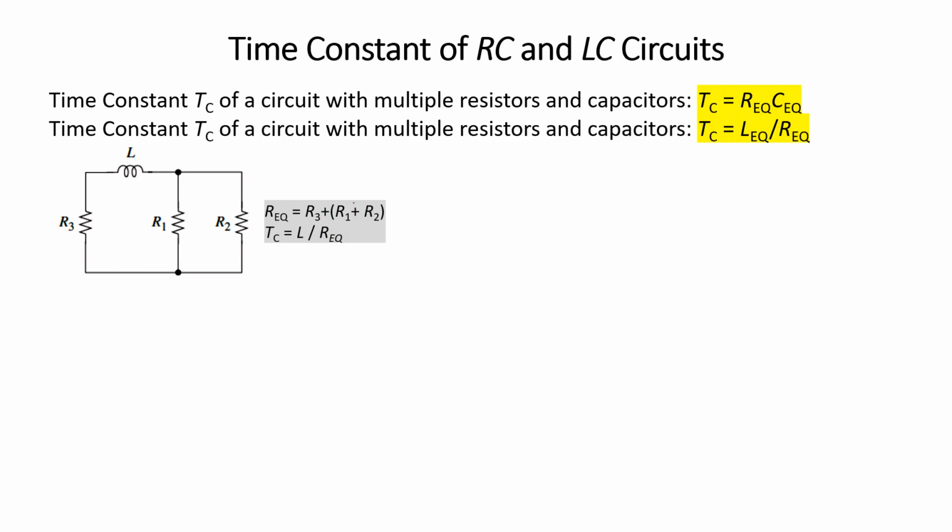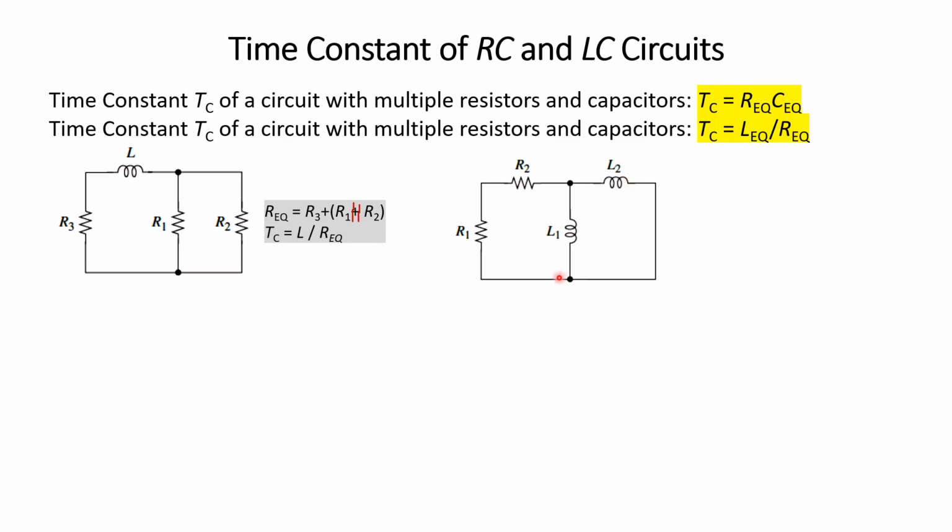It is a parallel combination, and the parallel combination of R1 R2 is R1 multiplied by R2 divided by R1 plus R2. This was a typo, be careful about that and note it. Now this parallel combination, R1 R2 divided by R1 plus R2, plus R3, is R equivalent, and what is the time constant? It is L over R.